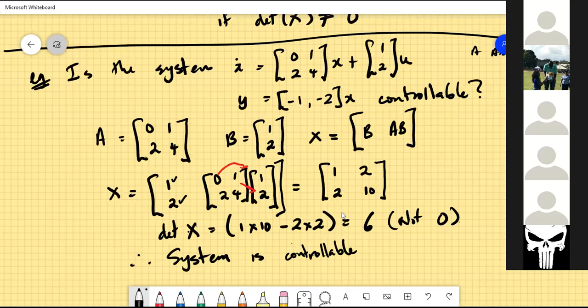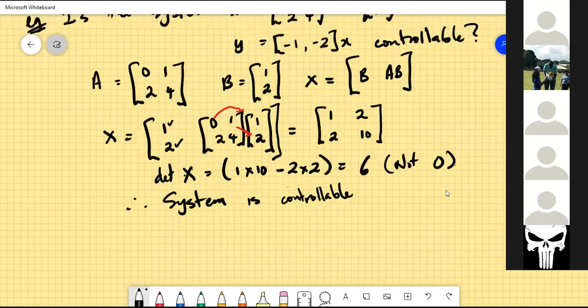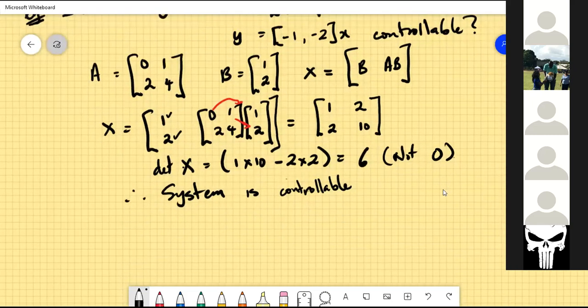Because if the system is not controllable, then we are going to be working towards a result and we cannot reach it.